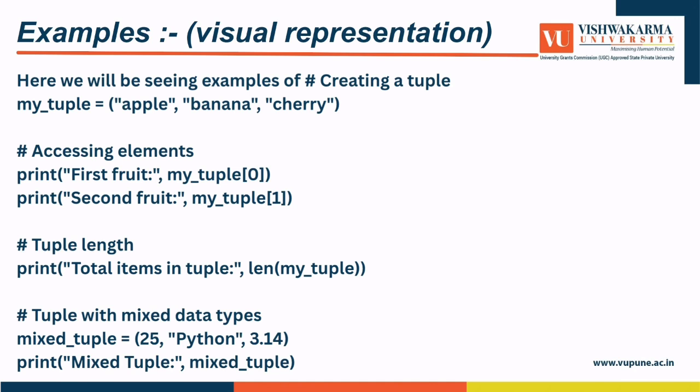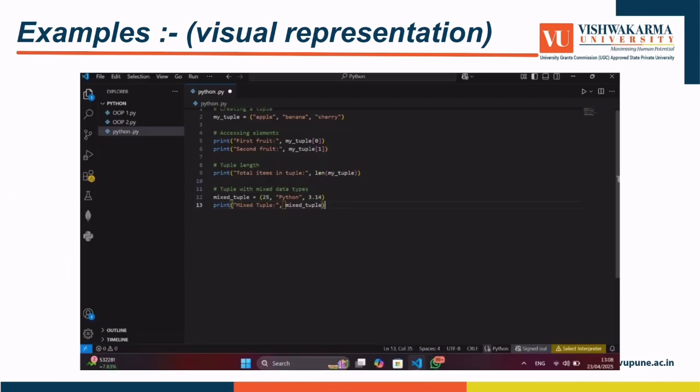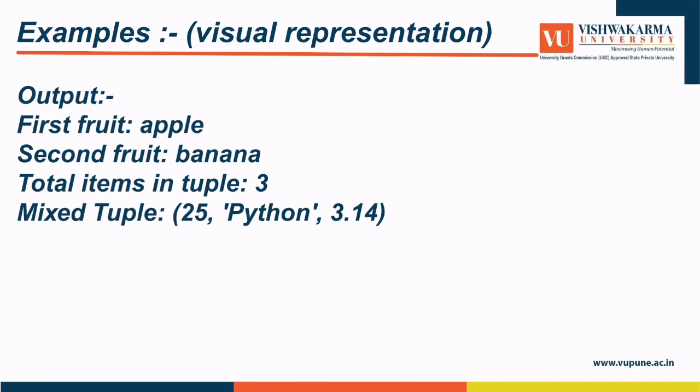Tuple length, tuple with mixed data type, etc. Here's the VS Code typed by me, and we will see how this code works and what its output is. You can read over here what all is mentioned, and the output is also given. First fruit apple, second fruit banana, total items in tuple 3, mixed tuple 25, Python 3.14. All this is covered by the example.